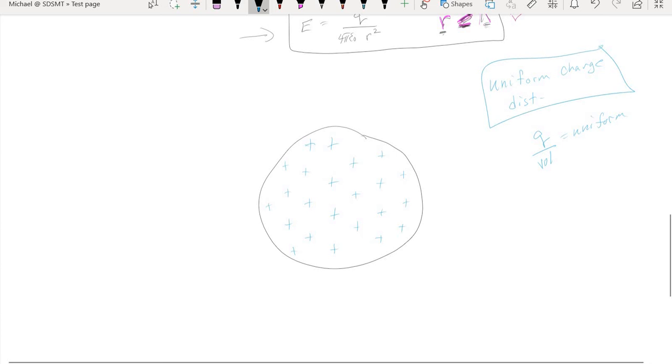But because of the uniform charge distribution, as long as I'm outside the sphere, what's it going to act like? Well, the center of charge argument says it's going to act like a point charge. What does Gauss's law say?